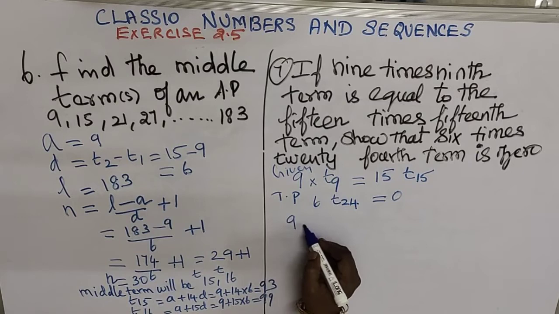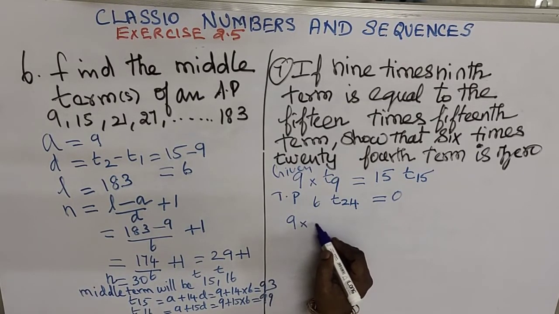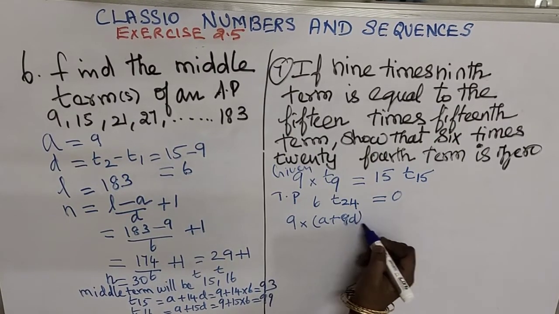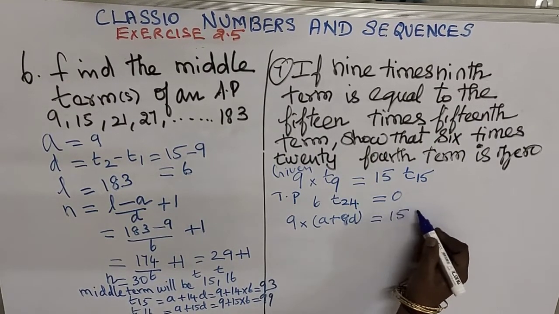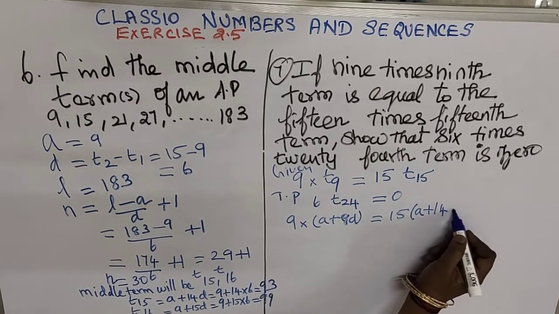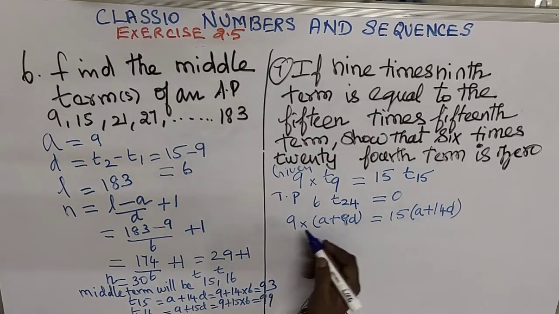So 9 into T9 means 9 into (A plus 8D), equal to 15 into T15, that is 15 into (A plus 14D).